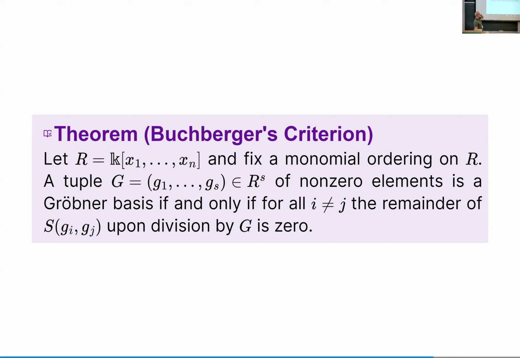But it turns out that a tuple G, g1 through gs of non-zero elements is a Gröbner basis if and only if for all different indices i and j, when you take these S polynomials as constructed and you divide them by the tuple G, the remainder is 0. That's it. Okay, so that is what we're aiming for here.